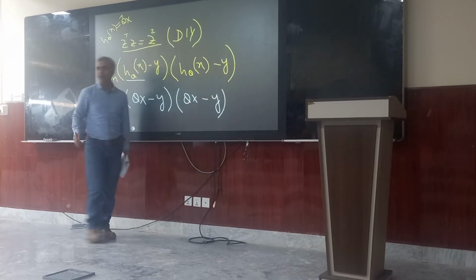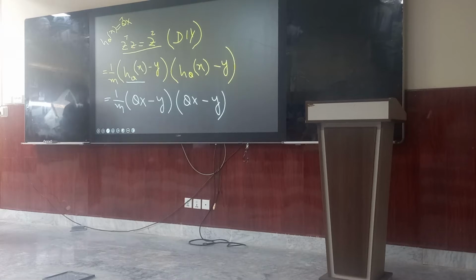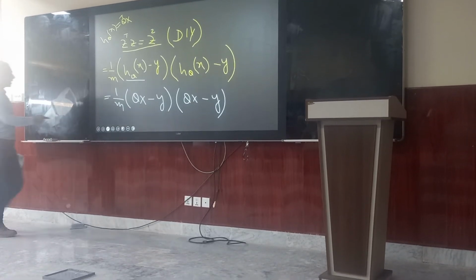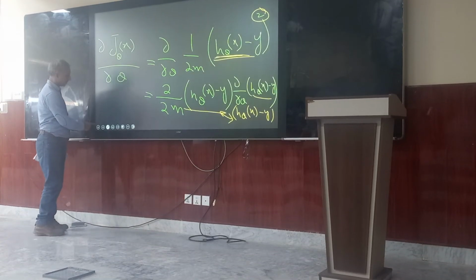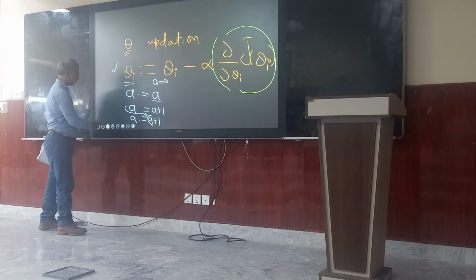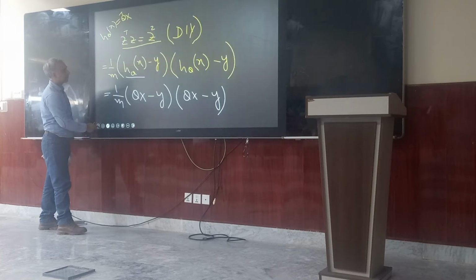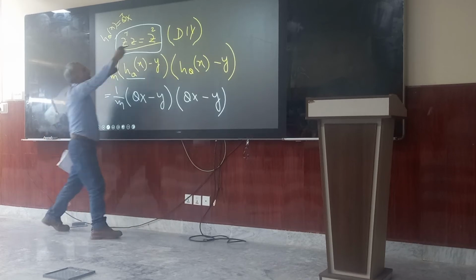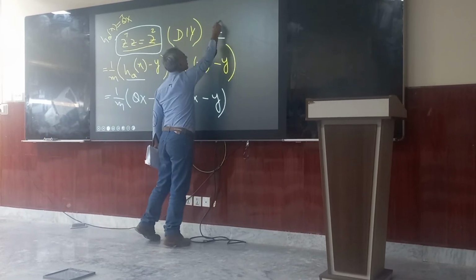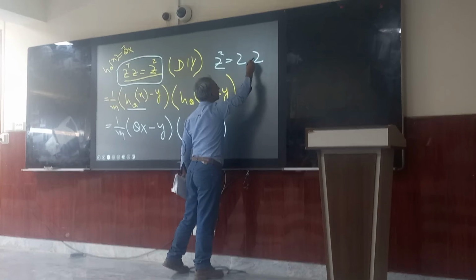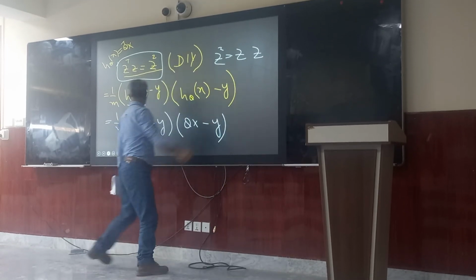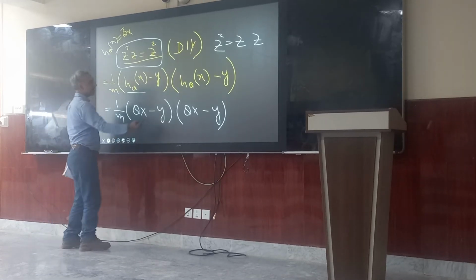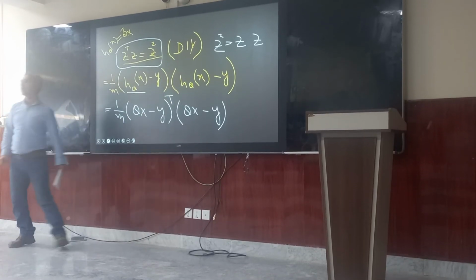Do you have any objection? No. Okay, and according to this situation, because both are scalar, you can also express this z scalar as z transpose z. I can get the square, is it okay?